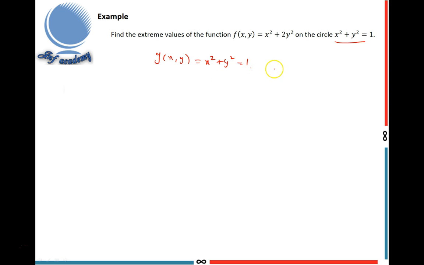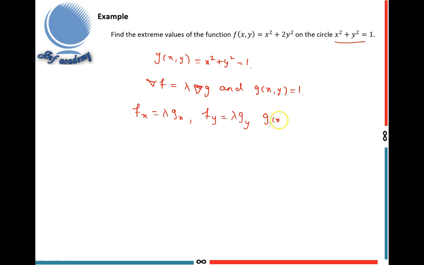Using the Lagrange multipliers method, we solve the equation del f equal to lambda del g and g of x, y equal to 1. Here k is 1, which can be written as fx equal to lambda gx, fy equal to lambda gy and g of x, y equal to 1.